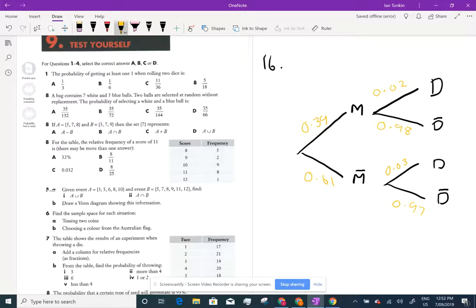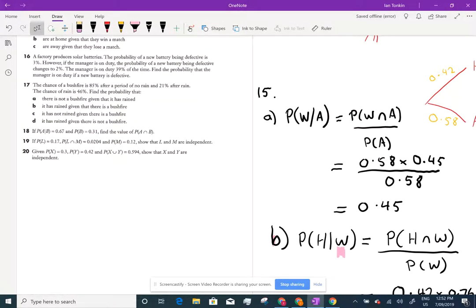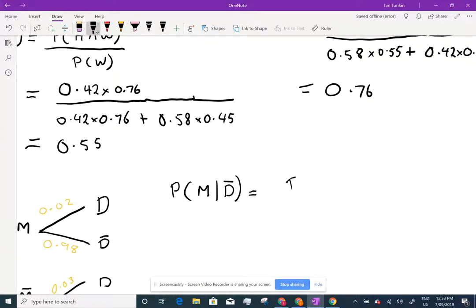So, what's our question? Find the probability that the manager is on duty if a new battery is defective. So, the probability that the manager's there given that it's defective. Okay, well, that's the probability that the manager and a defective battery.